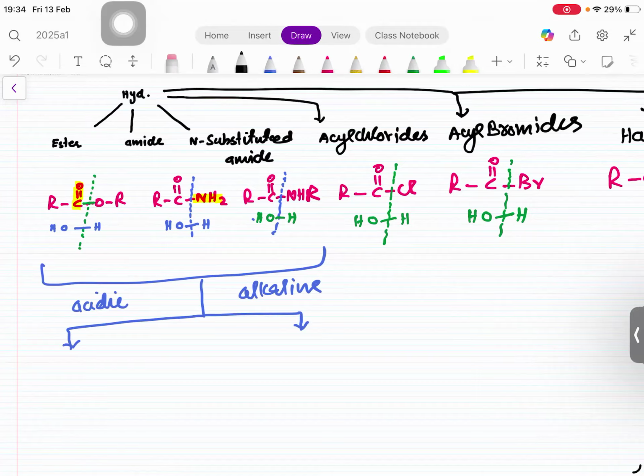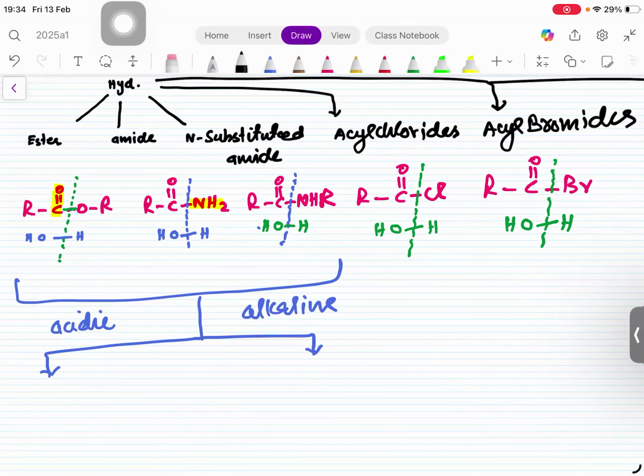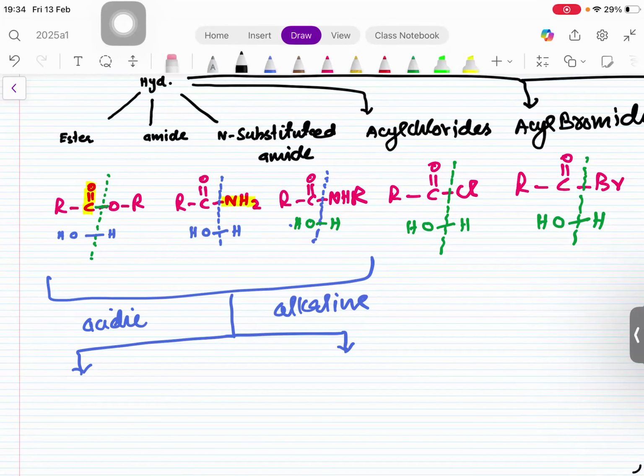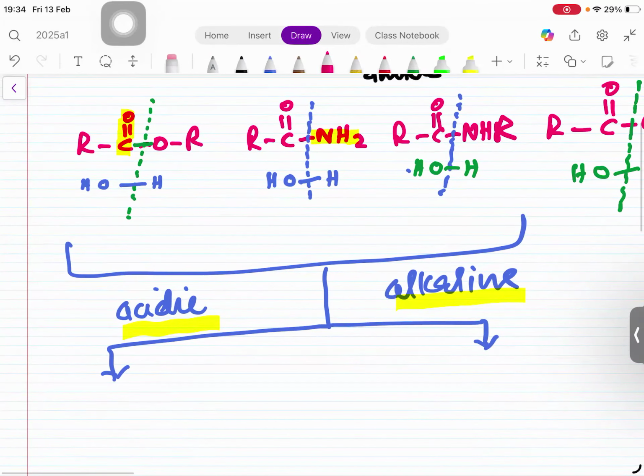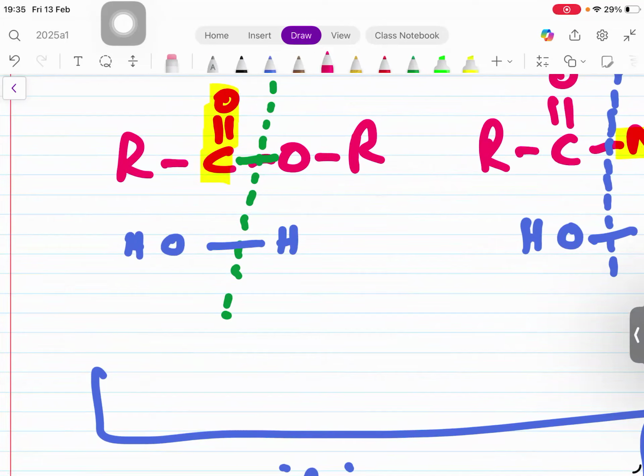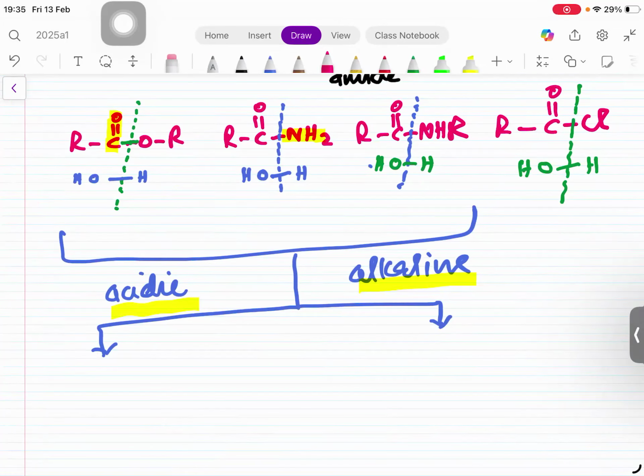For acidic hydrolysis, look at this. You are using either dilute aqueous HCl, or dilute aqueous NaOH.